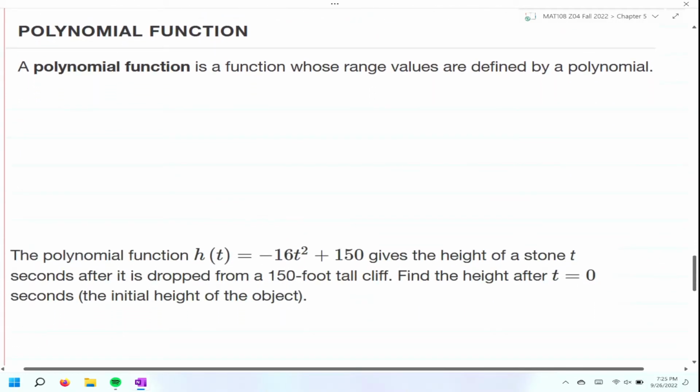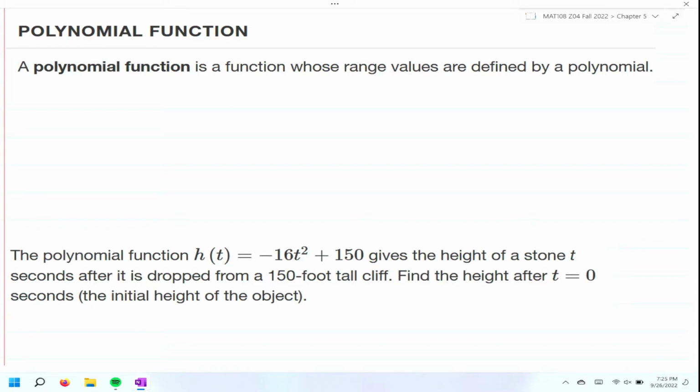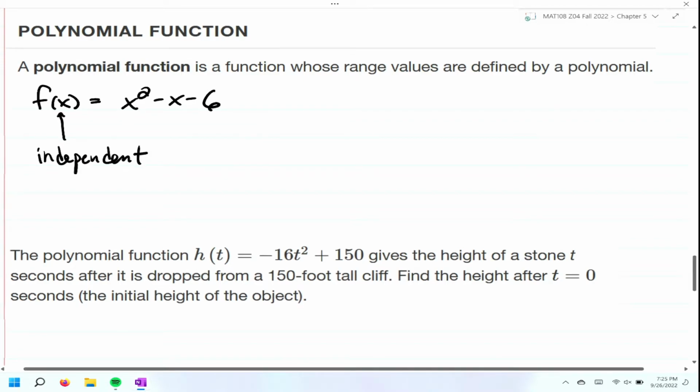So when we talk about polynomial functions, they're nothing more than a function whose range of values are defined by a polynomial. An example of this would look something like f of x equals x squared minus x minus 6. That is a polynomial function where the variable x is our independent value.